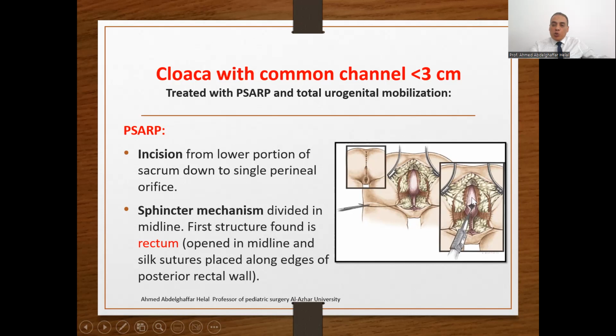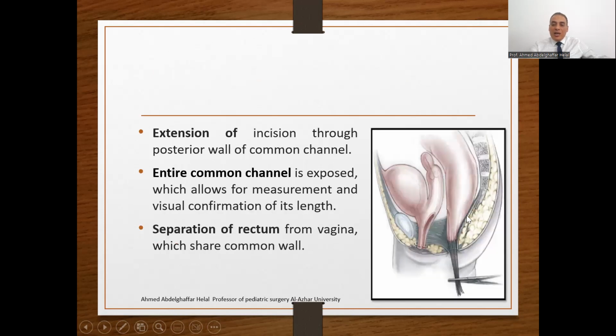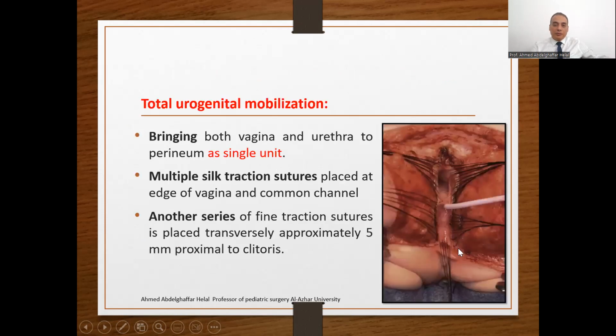The posterior wall of the rectum is opened and the incision will extend to include the common channel. You aim to separate the rectum, or to pull the rectum, and then you need to perform total urogenital sinus mobilization, moving the bladder and the vagina as one single unit after performing PSARP for the rectum.